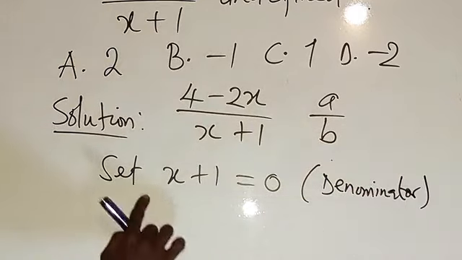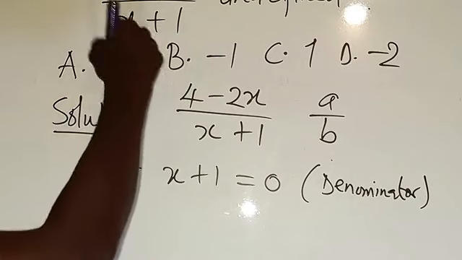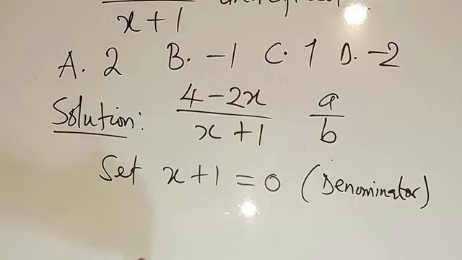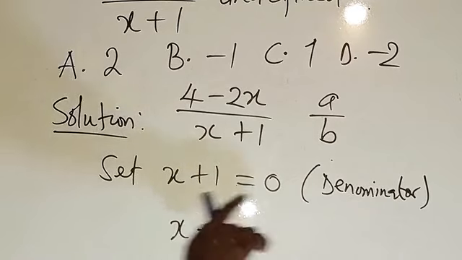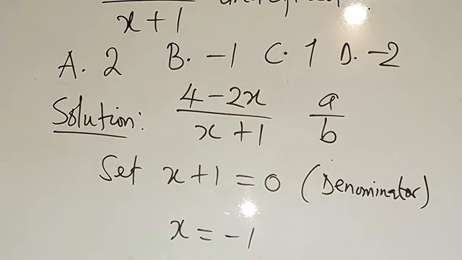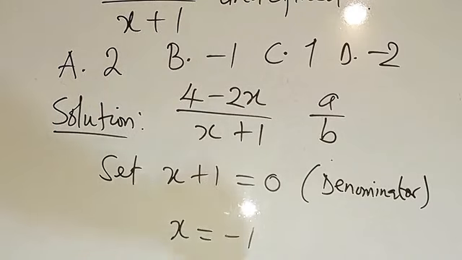If you set this denominator to be equal to 0, whatever the value of x we got becomes the value of x that will make this fraction undefined. So from here, set x plus 1 equals 0, we transpose this 1 to the other side. We're going to have minus 1.